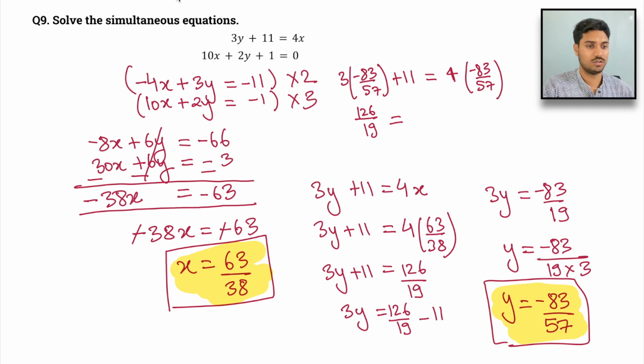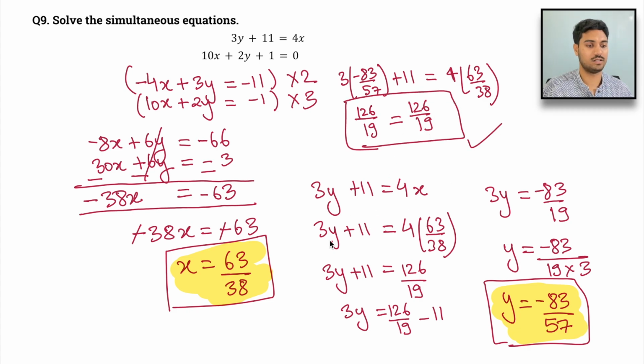Okay, just a second, I took the value of x here. Let's check this now: 63 upon 38 multiplied by 4 is 126 upon 19. That means our values are correct, both x and y.